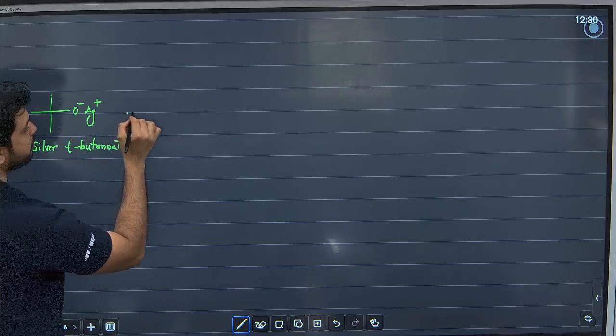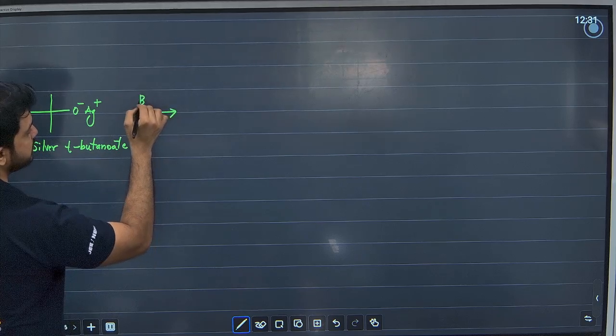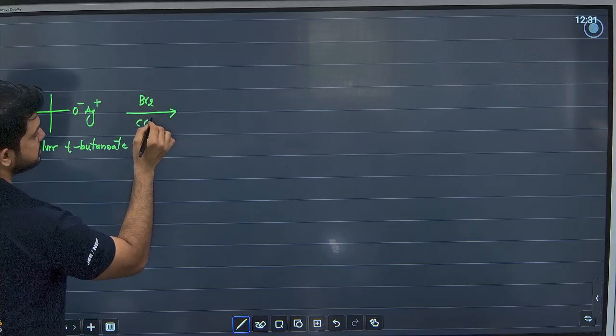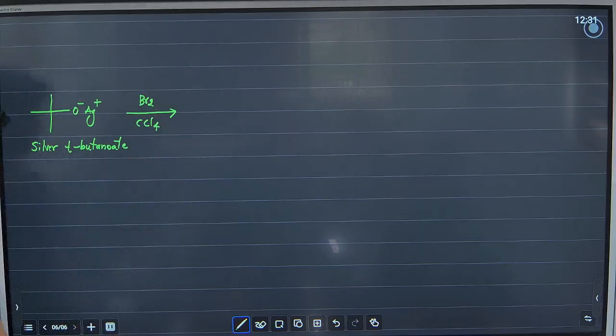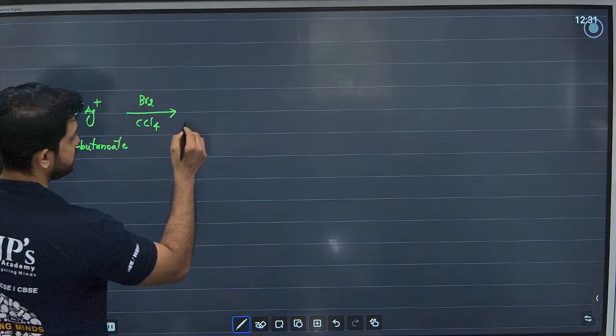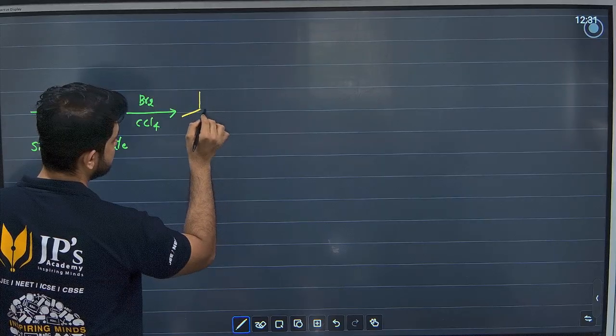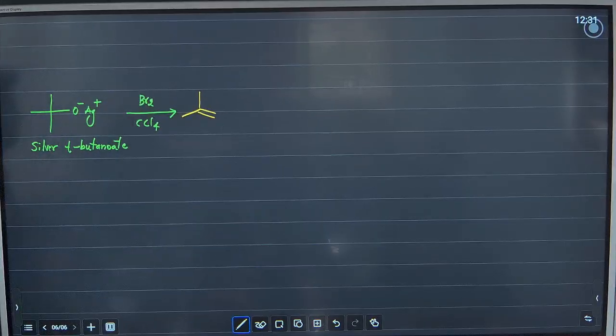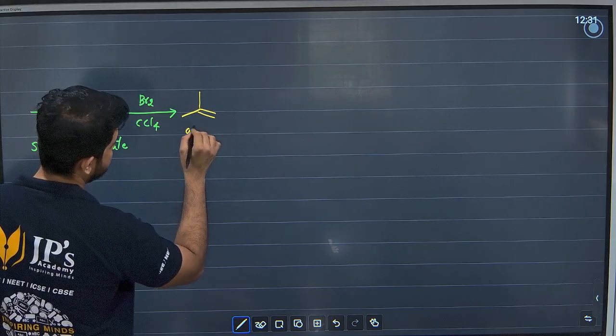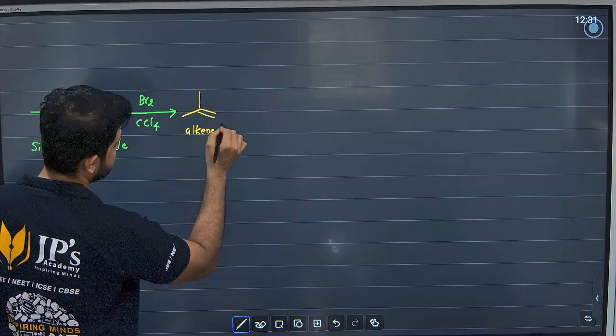And then we're performing the same reaction, Br2 and what did we have? CCl4. Instead of getting an alkyl halide, what we get over here is we get an alkene. Samjha people? I repeat. Instead of an alkyl halide, what do we get here? We get an alkene.